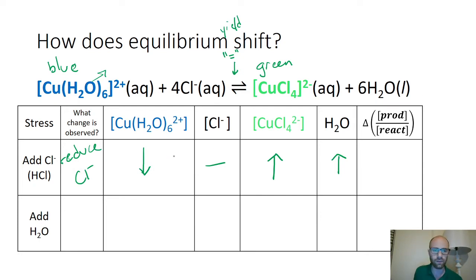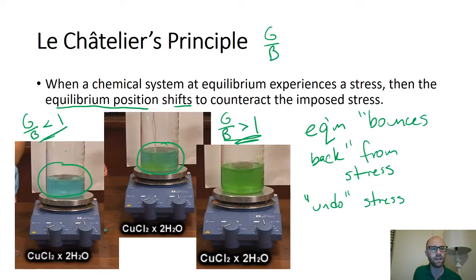So if we look at all the arrows we've drawn here, I think that the change in our products to reactants is going up. And that should be consistent with what we saw over here. If our product is green and our reactant is blue, we added chloride and it turned green. The ratio of green to blue went up, so that there's more green and less blue.